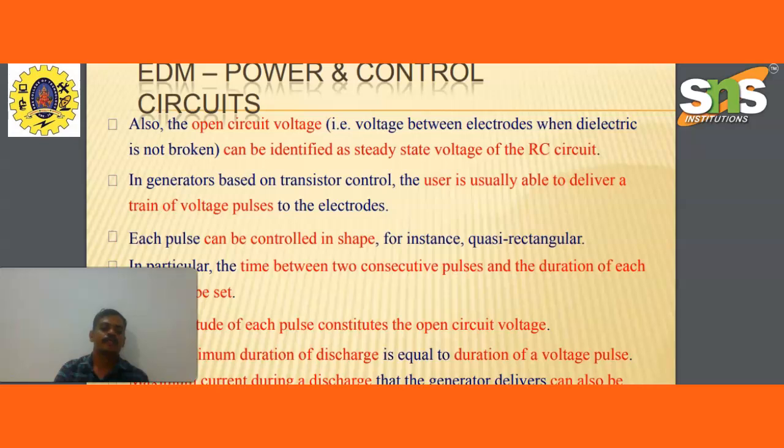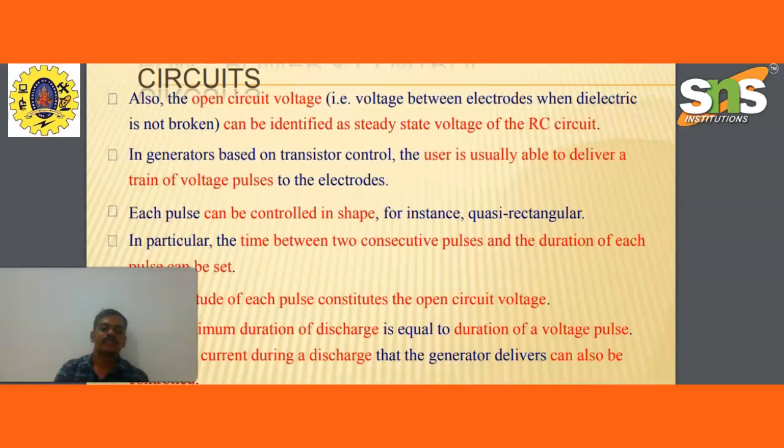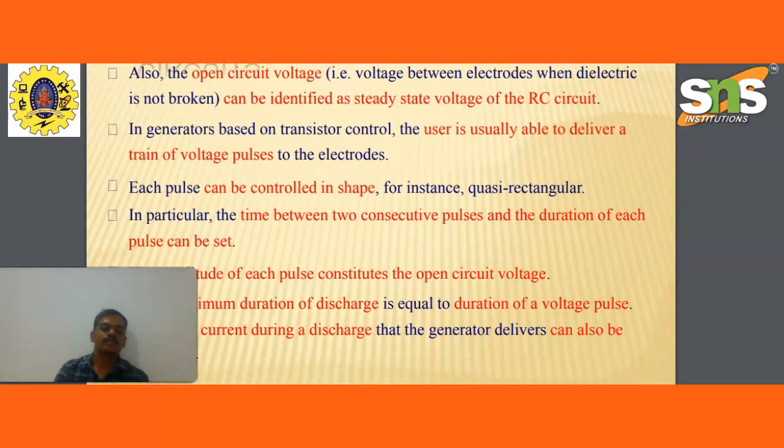The amplitude of each pulse constitutes the open circuit voltage. Maximum duration of discharge is equal to the duration of the voltage pulse. Maximum current during a discharge that the generator delivers can also be controlled.